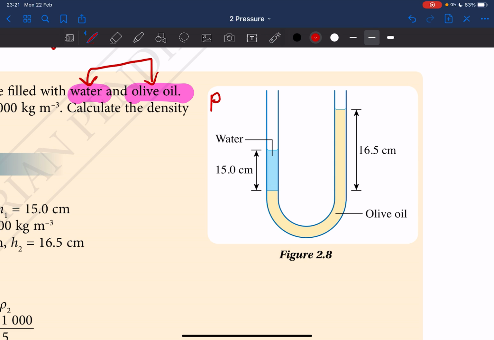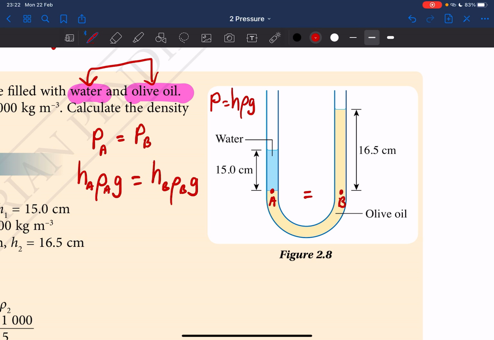Since pressure equals H rho G, we can use the formula to equate the pressure at point A and point B. So the pressure at point A is equal to the pressure at point B. Based on this formula, we substitute the equation: H_A rho_A G is equal to H_B rho_B G. Actually, there's another thing, the pressure of the atmosphere.